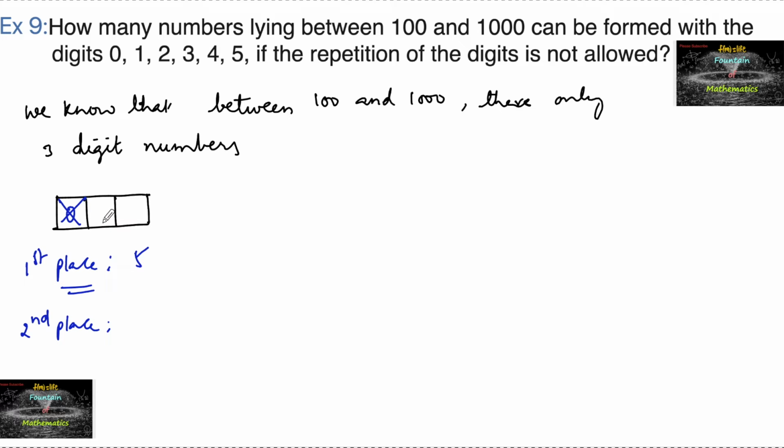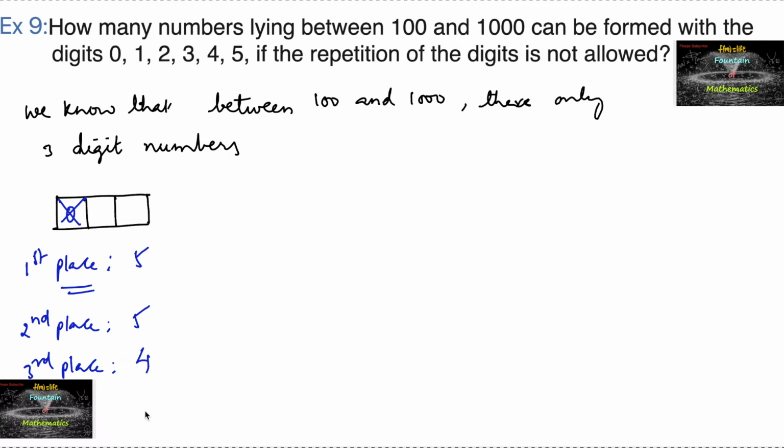Coming to the second place, 0 can be occupied. If already one digit is occupied in the first place, then 0 can be occupied here. So the remaining digits are how many? Out of 6 digits given, 1 non-zero digit is already occupied, so the remaining digits are 5. So second place possibilities are 5. In the third place, 2 places are occupied out of 6, so the remaining are 4.